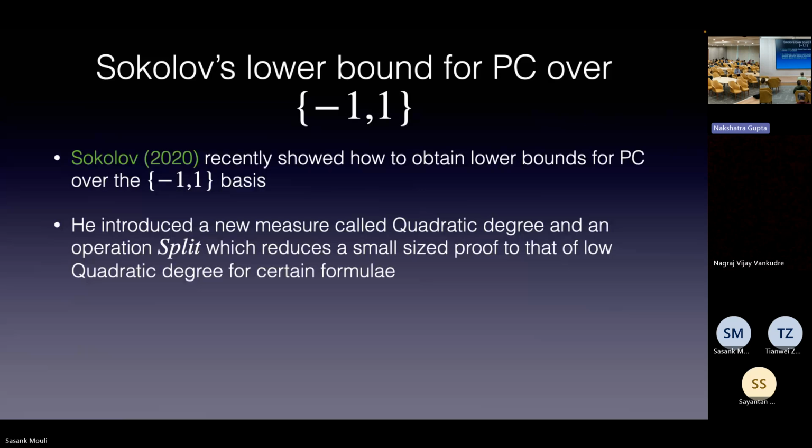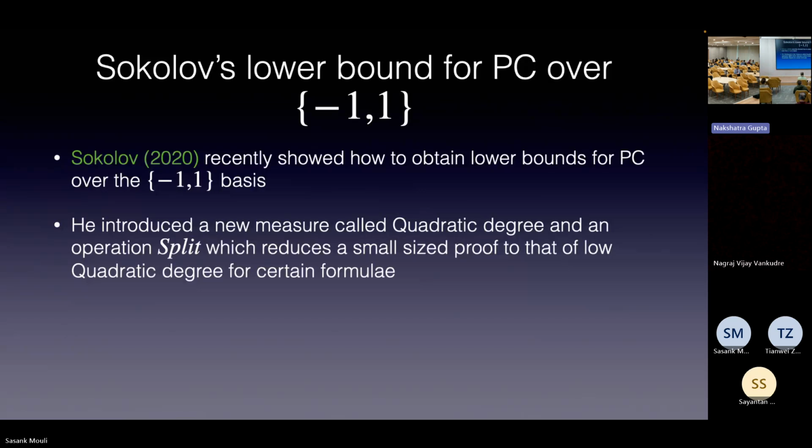But anyway, he introduced this new operation split and this new measure quadratic degree, and he showed that by applying split, you can reduce the quadratic degree of the proof, even if the usual degree is not reduced. And then once quadratic degree is low, he showed how to convert that proof into a low usual degree proof.